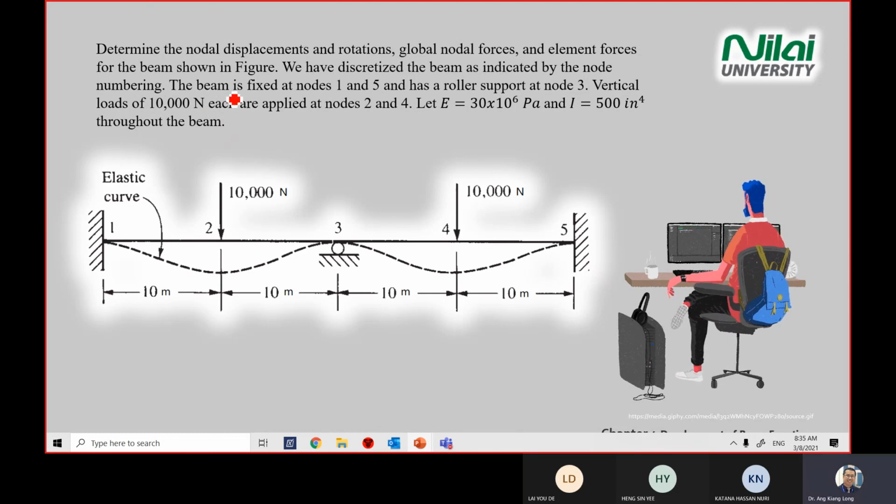As we can see in the diagram, the beam is fixed at points 1 and 5 and has a roller support at point number 3. Vertical loads are given, and E and I are given in this case. So this example is about solving a matrix with finite numbers.